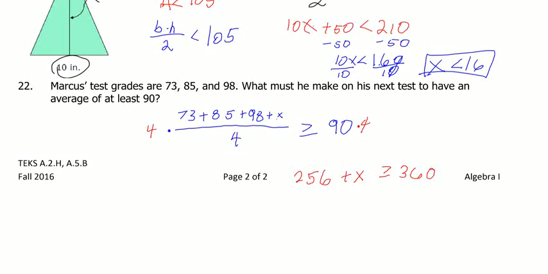So now we need to go ahead and subtract the 256 from both sides. And x has to be greater than or equal to, let's see, 256 to 360, so 60 plus 44, so 104. Oopsie, my fault, 60 plus 44.